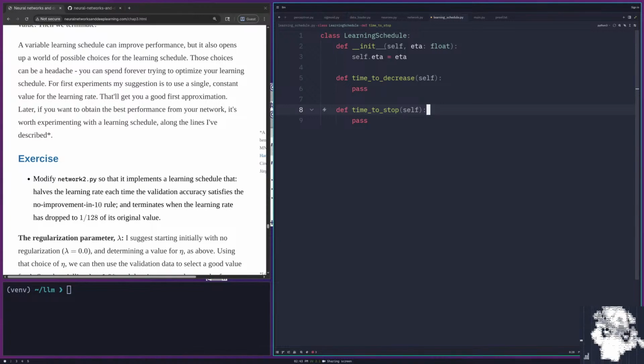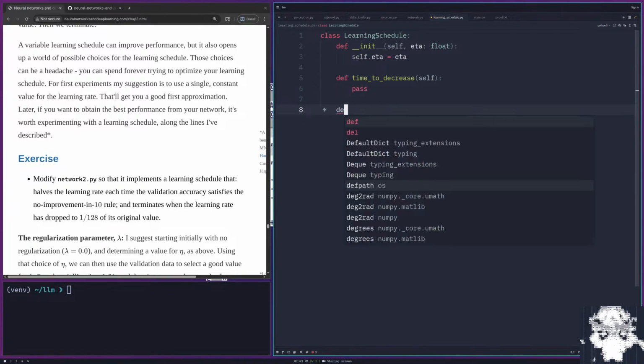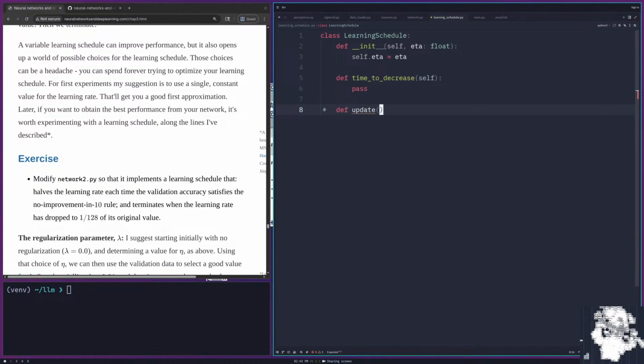Though that's not necessarily the learning rate's responsibility, so maybe I'll omit that. So maybe actually there's only one method and it's update. Change the learning rate if needed.